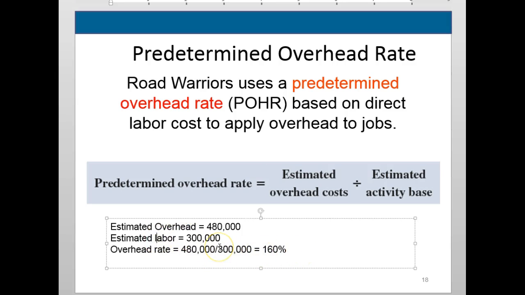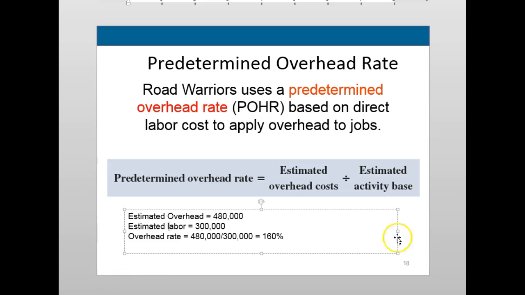So for every dollar of labor that is used or applied or accumulated, I'm going to say there's 160% times that dollar that's going to be an estimated overhead. So for every dollar of labor, it's going to be $1.60 in overhead that's going to be applied.